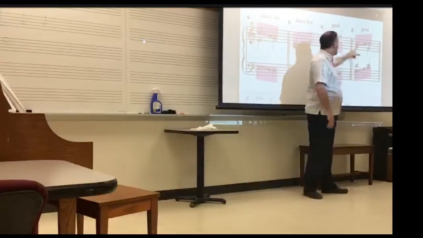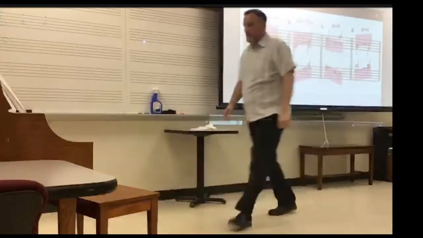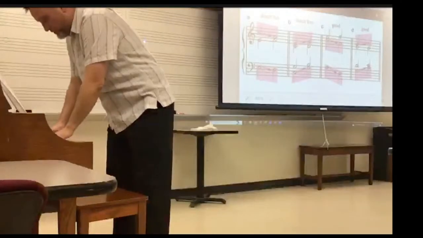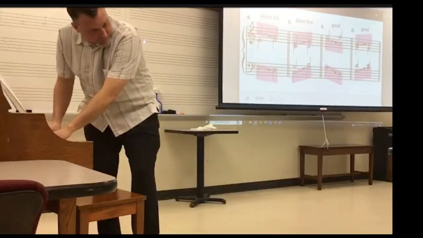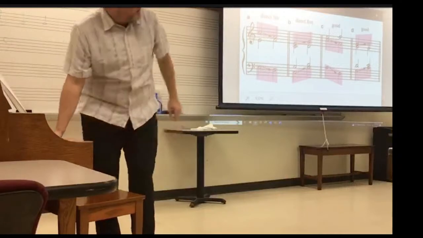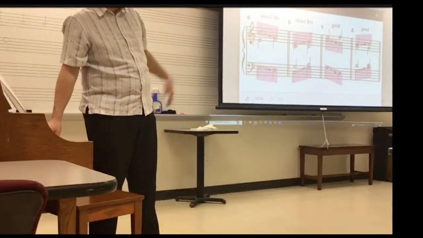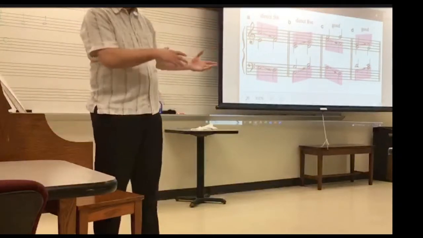Yep. So just those two parts. It's still kind of exposed, but because the soprano is, again, moving by step, it feels like a smoother transition going into that interval.